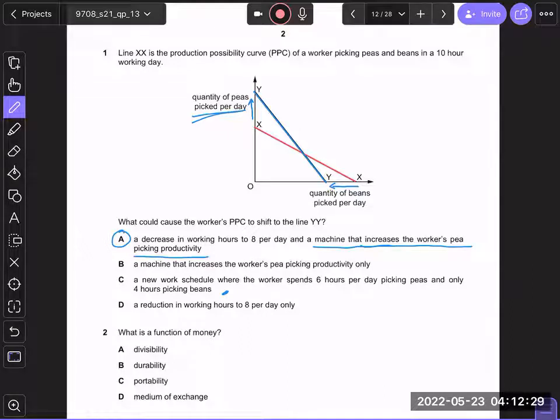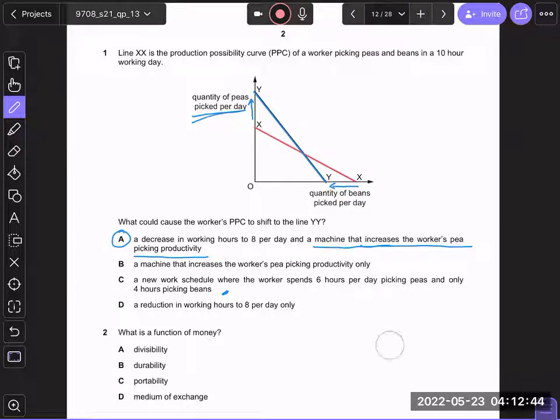Why is the answer not C for this question? There is still a limited number of workers.